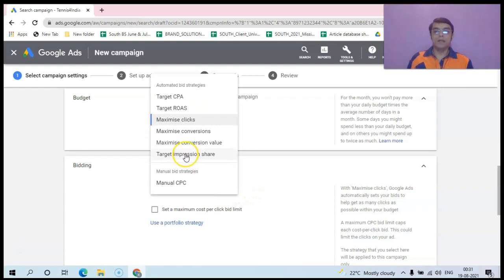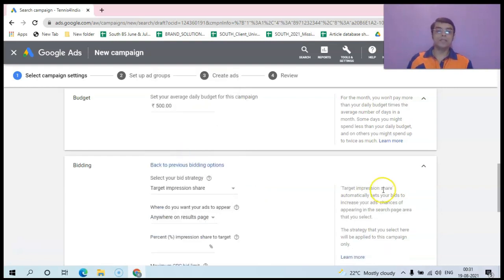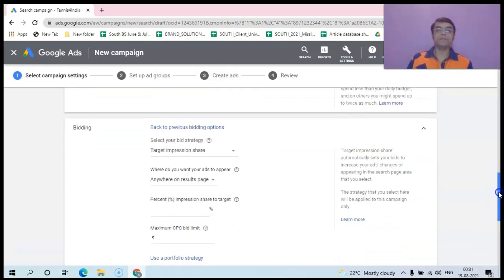Then target impression share is used for building a brand. What I mean is, for example, if you want to outrank your competitor in a Google search in terms of impressions, you can do that only when you get more impressions.